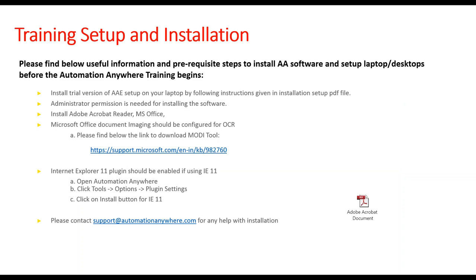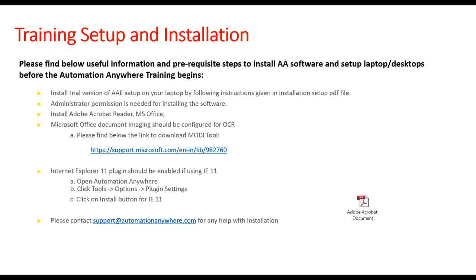So we have Automation Anywhere. In order to install Automation Anywhere, a few other components are required, which are MS SQL and .NET Framework version 4.6 and above. We also need a few other things, for example Adobe Acrobat in order to work with PDFs, and MS Office, since we are working with Excel automation.